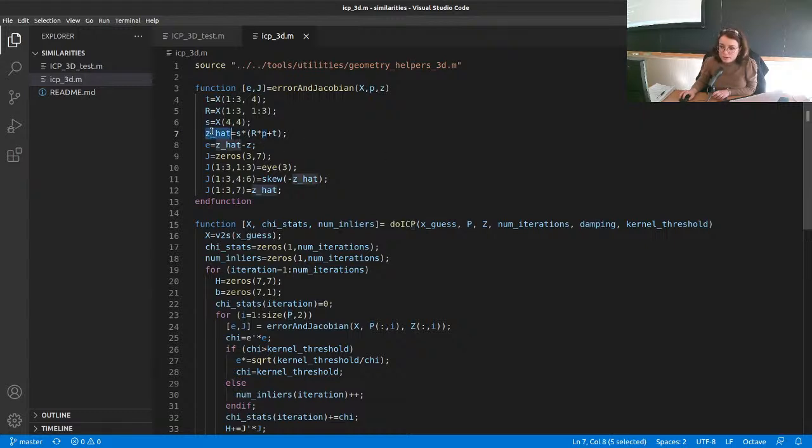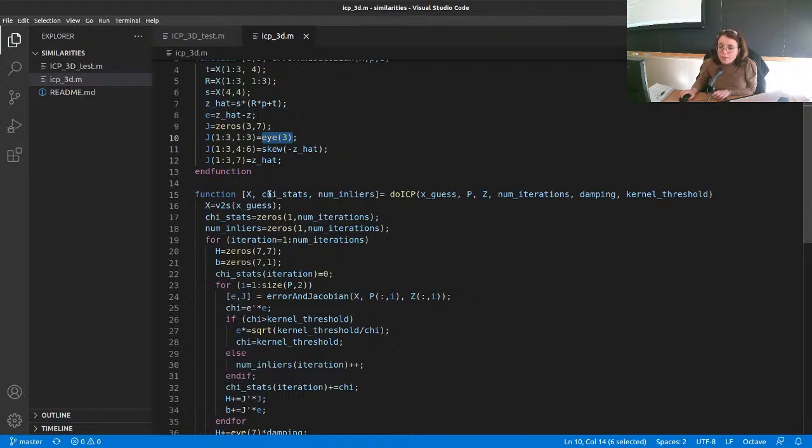Then once we have the hat, we compute the error. Then we compute the Jacobian, which is a 3 times 7 matrix, where the first block is the identity, the second block is the skew-symmetric matrix in minus z hat, and the third block, which is indeed a 3-dimensional vector, is simply z hat.